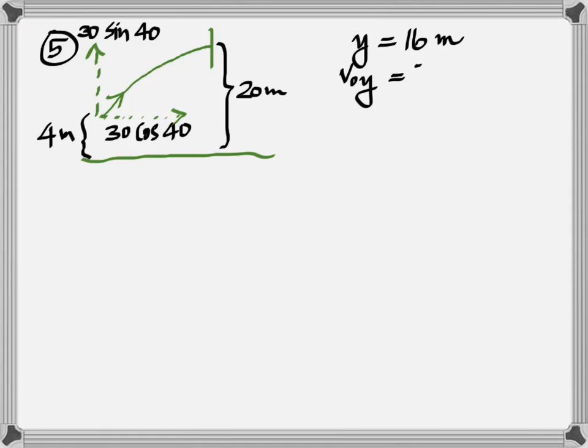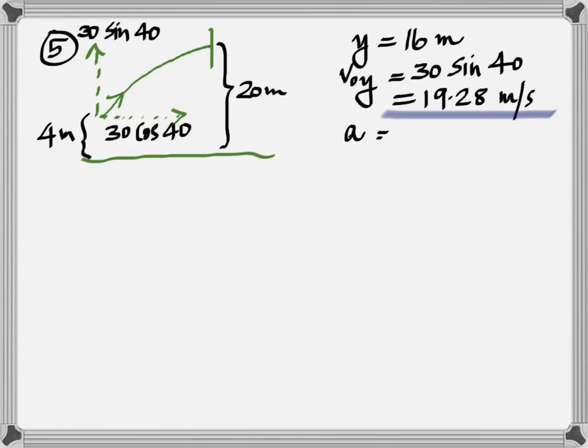Now, considering only the vertical quantities, the vertical displacement is 16 meter and the initial vertical velocity is 30 sin 40, which is 19.3 meter per second. The acceleration is negative 9.8 meter per second squared because it's first going against gravity.